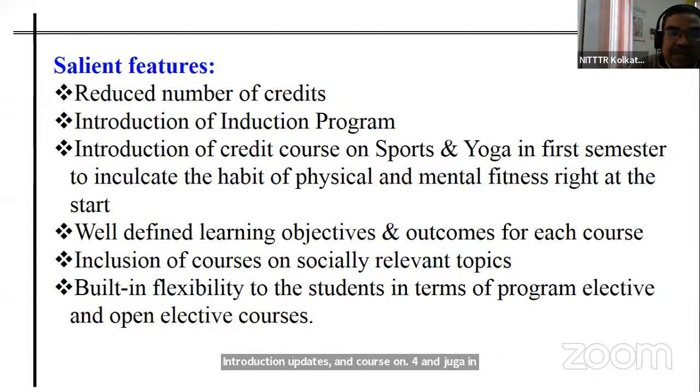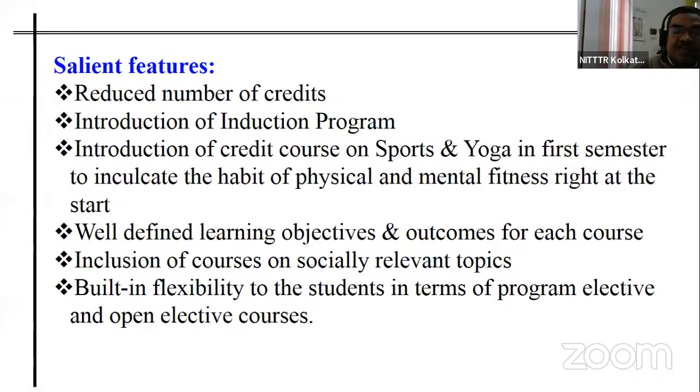Well-defined learning objectives and outcomes for each course. Inclusion of courses on socially relevant topics, built-in flexibility for the student in terms of programme electives and also open elective courses. So these are some of the salient features in the AICTE model curriculum, which are being integrated in courses.